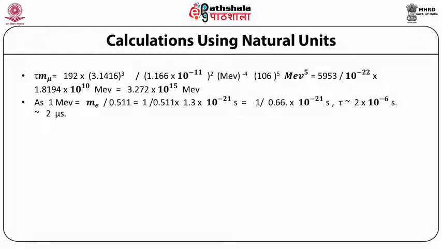So we get the decay time of the muon as 2 microseconds. As you know, the muon roughly has this kind of decay time.